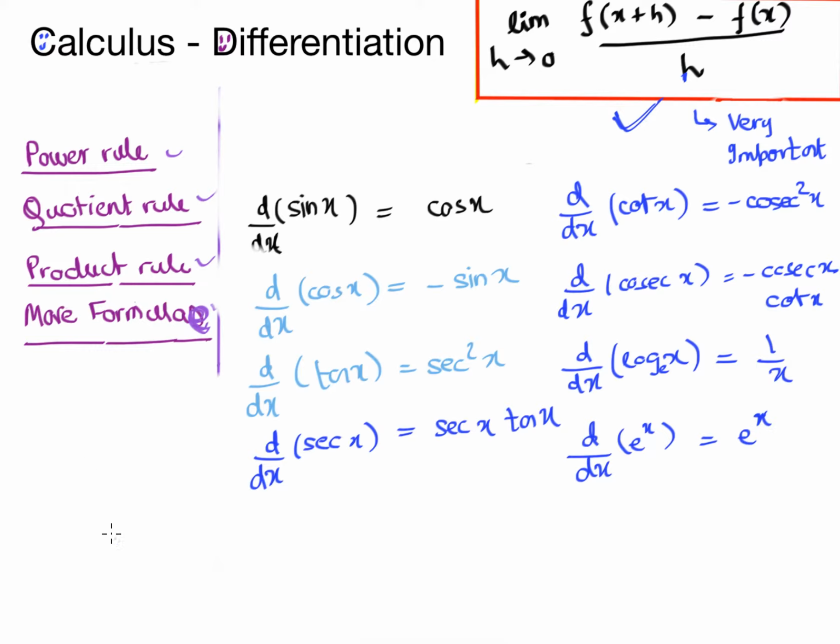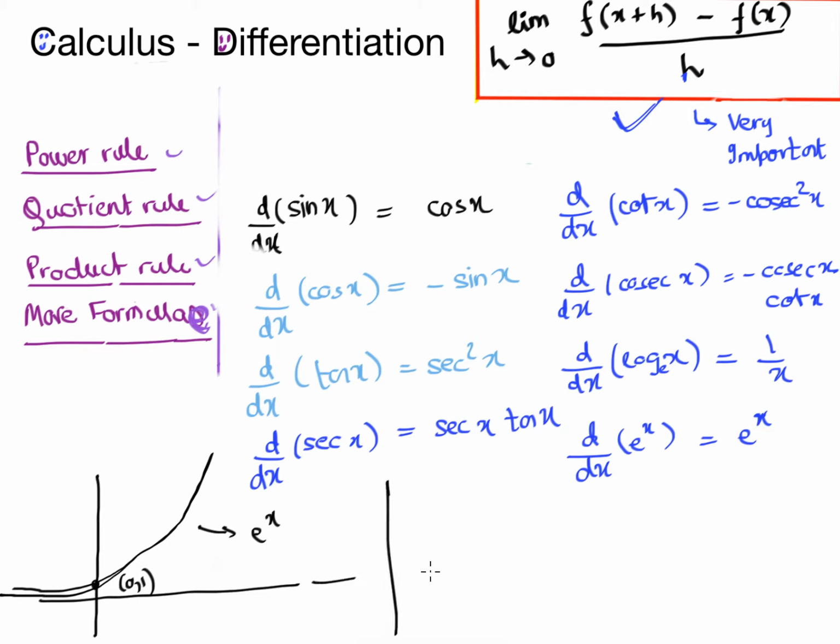It just boggles my mind, and I just love it when this happens, because when we have the graph of e to the x, it looks something like this. Now understand the significance of this. When we have 0, this is 0 comma 1. What this means is that the derivative of e to the x is the same function.